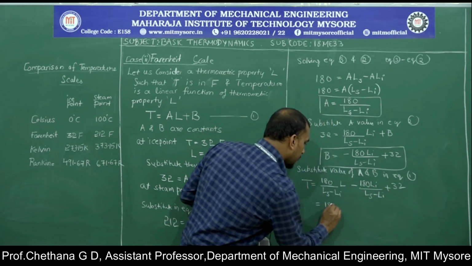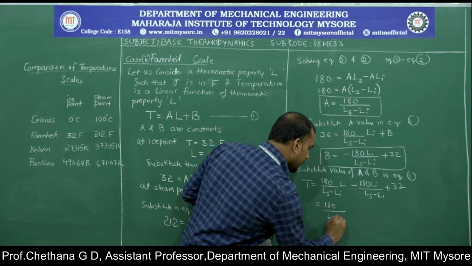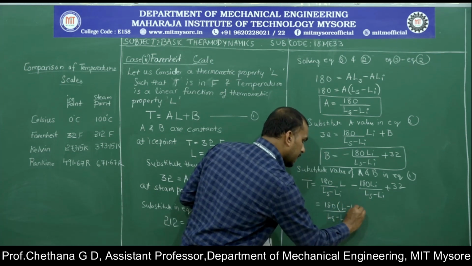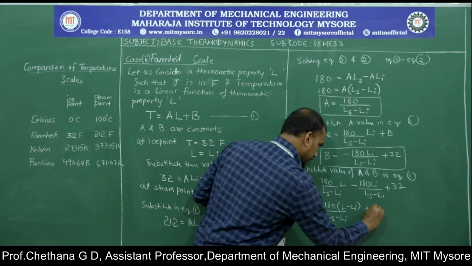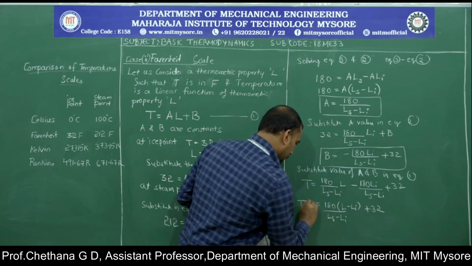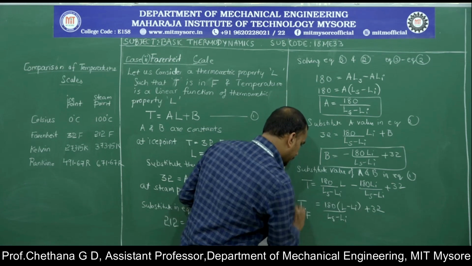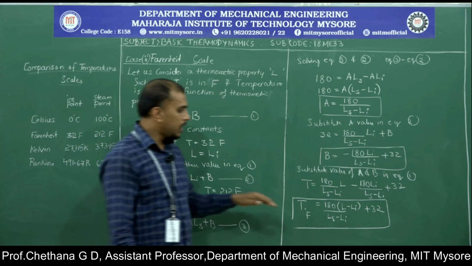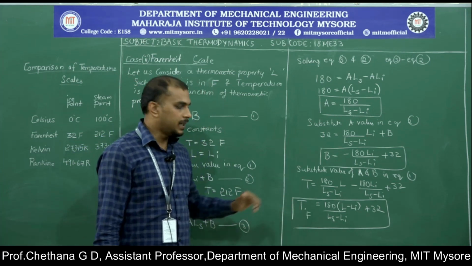Or you take out 180 by Ls minus Li common in the first two terms, we get L minus Li, plus 32. So this is the expression for temperature in Fahrenheit scale.